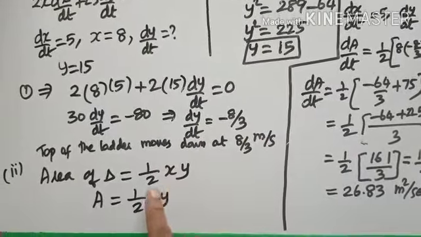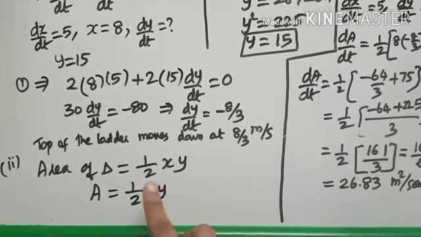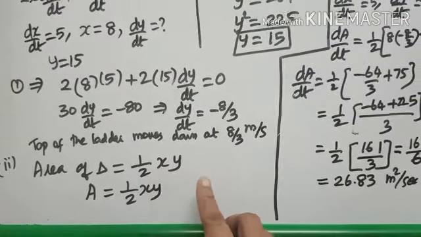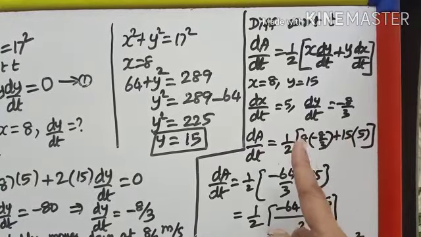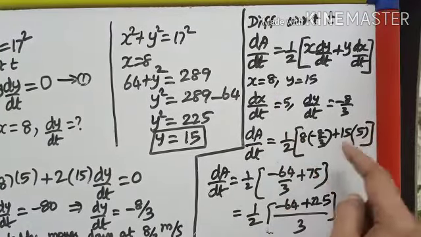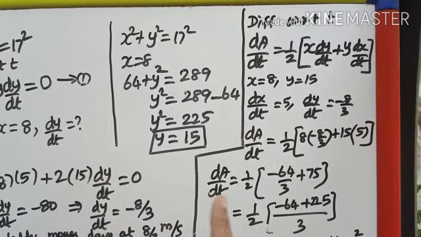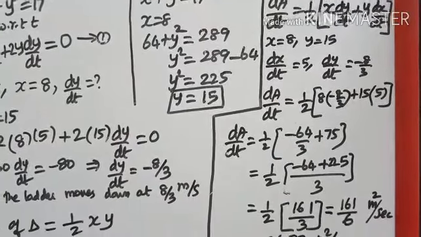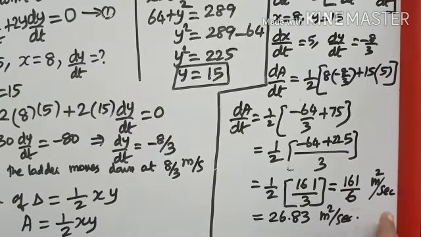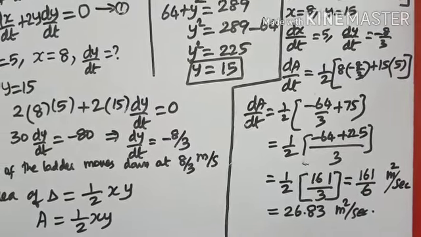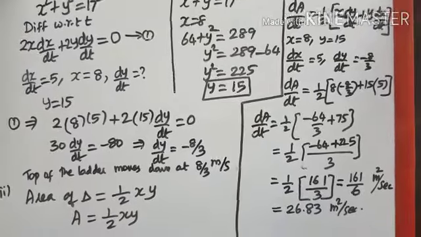When I come to area, it is half xy, half base into height. And as we differentiate, dA by dt, we have found out. Substitute everything that we know. And we get dA by dt is 26.83 or else 161 by 6 meter square per second. That is the answer.